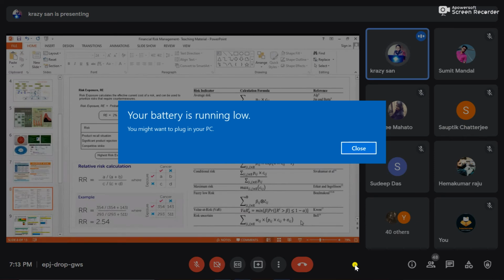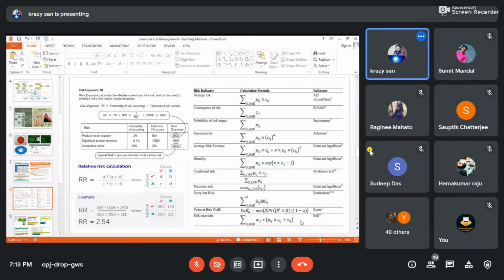Higher risk exposure indicates the most serious risk. So when we calculate, we should see which one is coming higher, and in that way we can tell which risk exposure is higher. We should always try to understand the risk factors. Relative risk calculation is a over a plus b, divided by c over c plus d, as I have tried to make clear with the table.